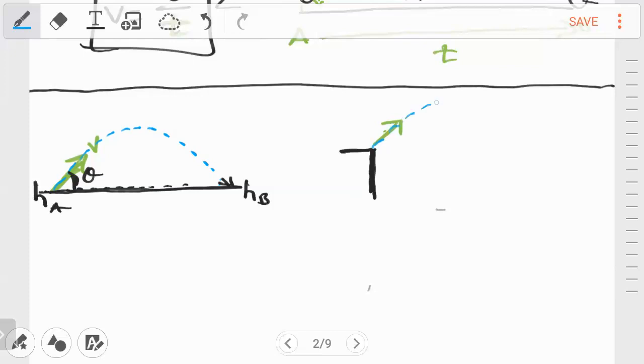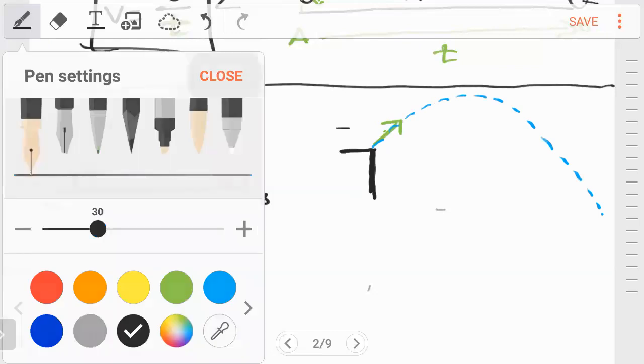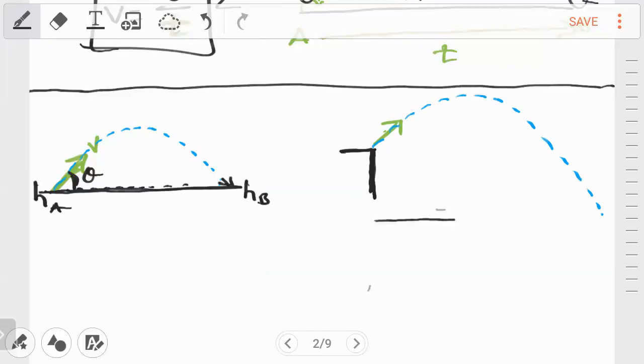In this case, it falls all the way until it hits a ground that is some height lower than where it started from. So in most questions, when it's something like this, you will be told what this is. So they can say this is h.